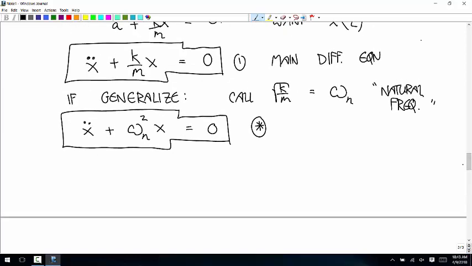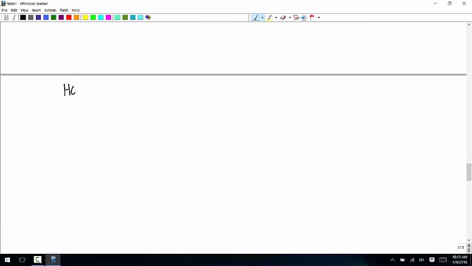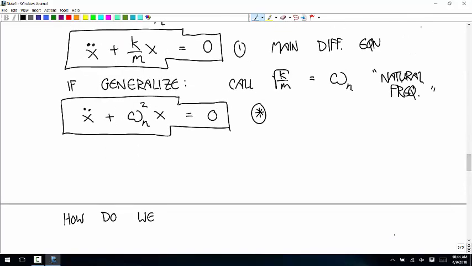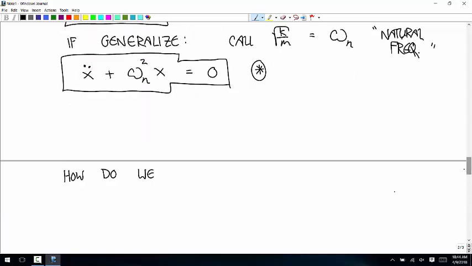Equation 1 is the more specific case of equation star that we're dealing with. So how do we solve equation 1?